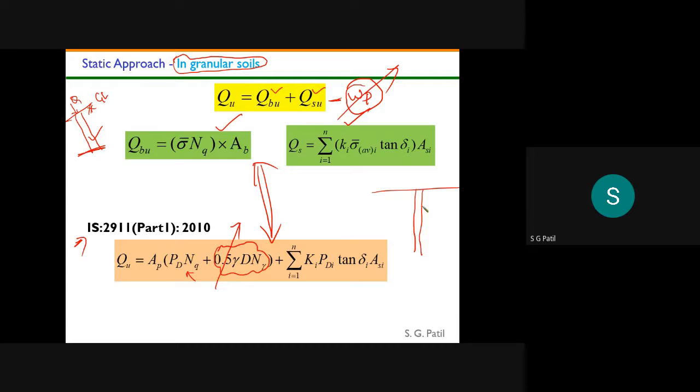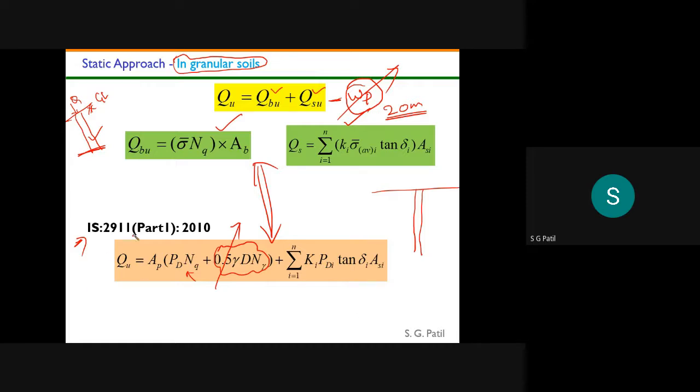In our conventional onshore structures, we can neglect the weight of the pile, because the pile length will be a maximum of 20 meters. Compared to this load, a 20 meter pile weight is negligible. So that's why I'm not including the weight of the pile. But in offshore structural engineering applications, the weight of the pile will be significant.